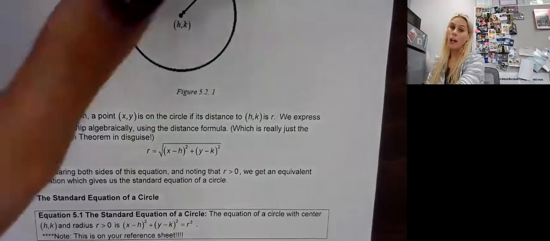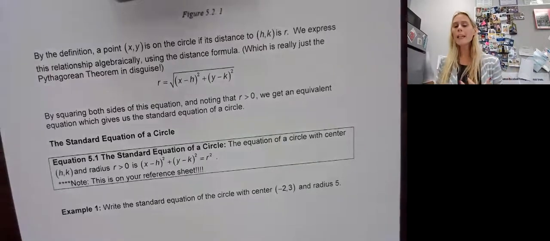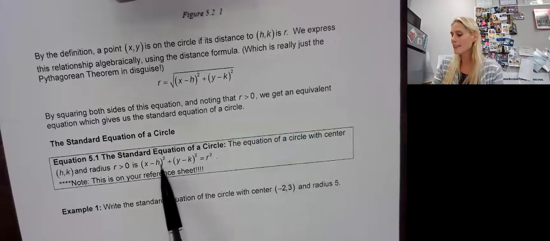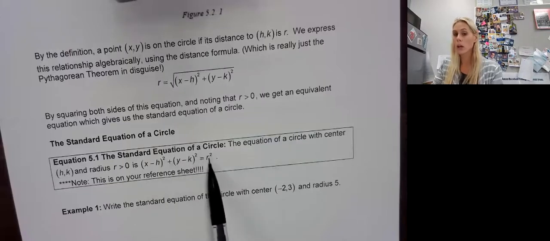Standard equation of a circle. So when we think of an equation, like linear is y equals mx plus b. I mean, there's other linear equations that we can think of. A parabola is y equals x squared, and so on and so forth. The equation for a circle is (x minus h) squared plus (y minus k) squared equals r squared.